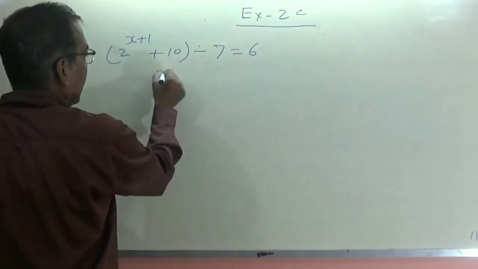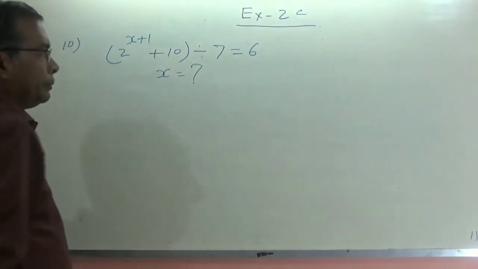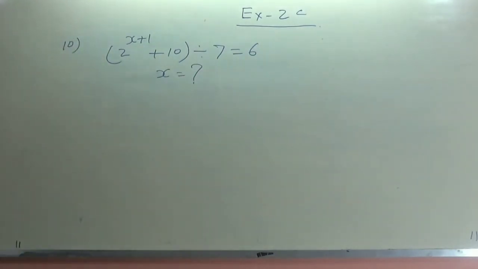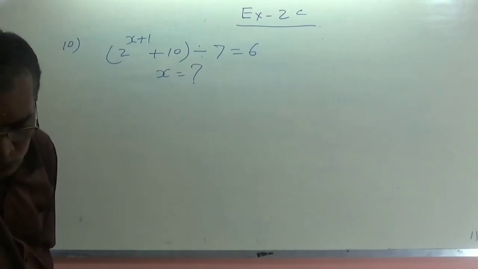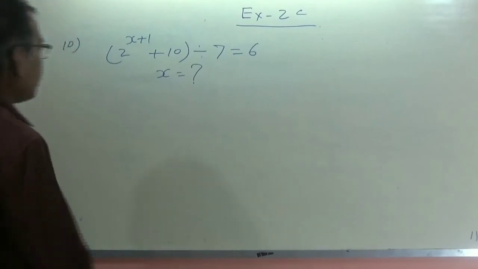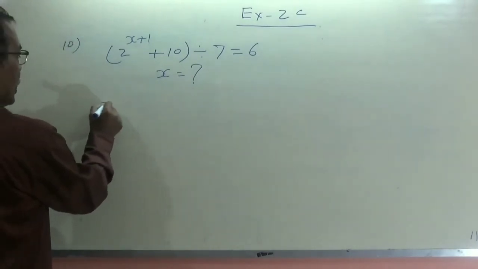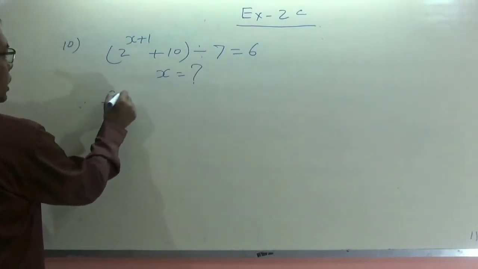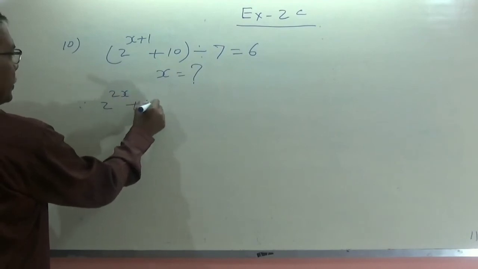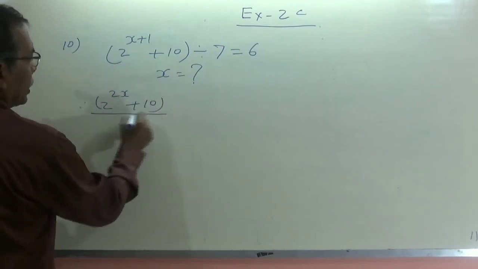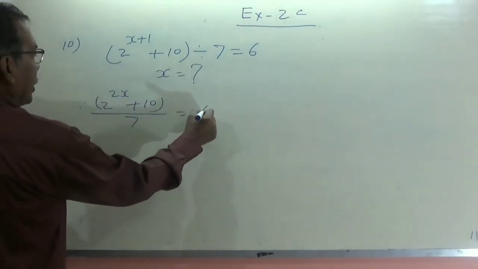You have to find the value of x. The question is, how will you find it? So let us start. Since 2 power x plus 1 plus 10, divide by 7, the 7 will come here, is equal to 6.